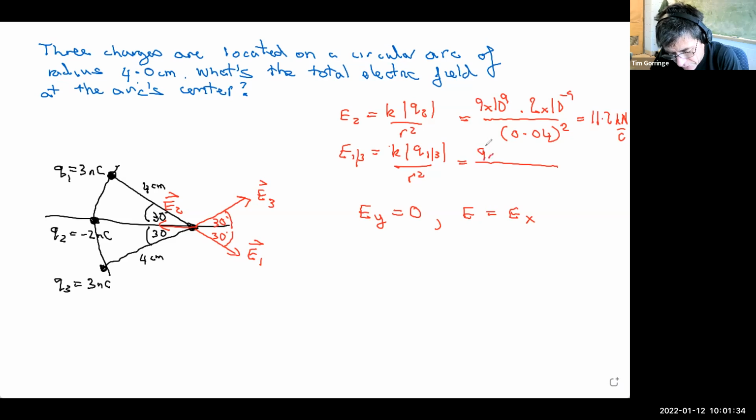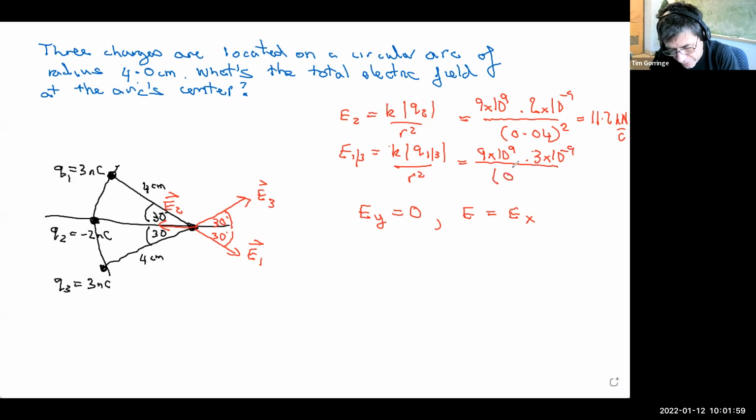So Coulomb constant, 9 times 10 to the 9. Again, I'm going to write down the units, but because I'm trying to not take too much time, I won't write down the units. Multiply by the value of the charge. So that's 3 times 10 to the minus 9, 3 nanocoulombs.